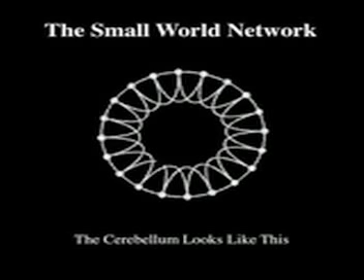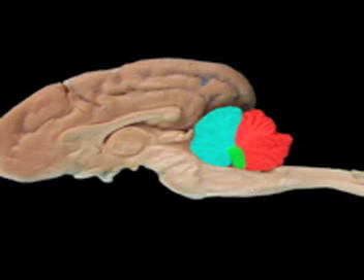We said that the cerebellum looks like that. This is the sagittal section of a dog's brain, and I have highlighted the main areas of the cerebellum. The cerebellum is divided into the rostral and caudal cerebellar cortex, or anterior and posterior if you're human.